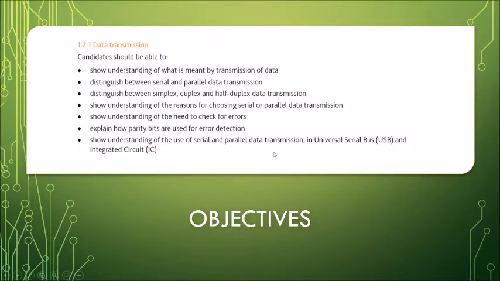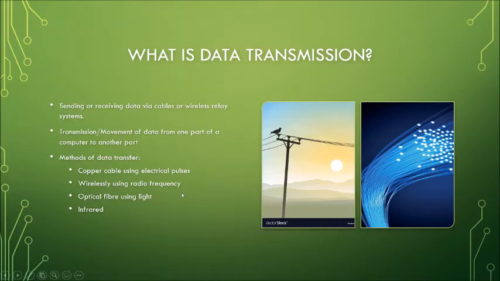So the main objectives today: we'll be focusing on data transmission, and these are the objectives. So first, what is data transmission? Data transmission is sending or receiving data via cables or wireless relay systems.